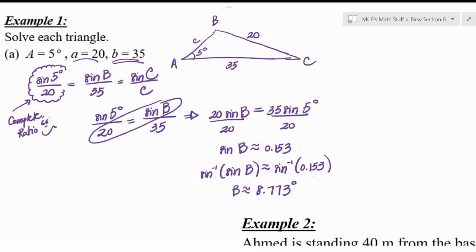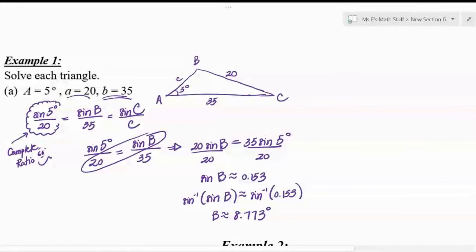Okay, and you can always add it to the figure if you'd like. But now, how are we going to get angle C? Well, you could do law of sines again, or you could figure that you know 2 of the angles in a triangle, and all 3 should always add up to 180.